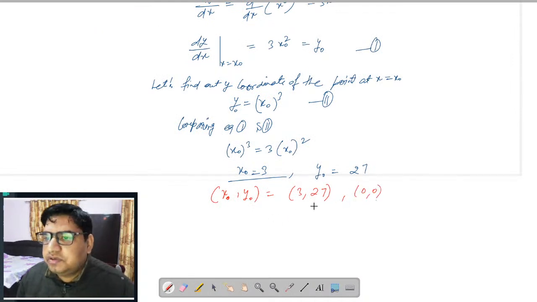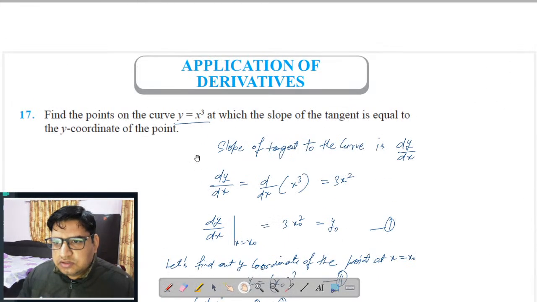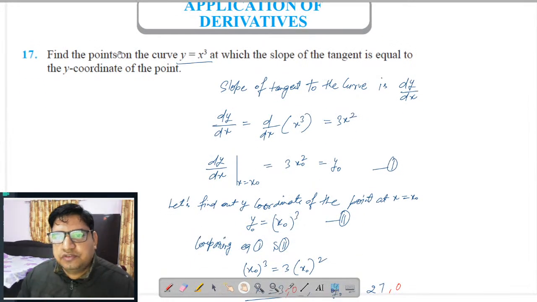At 0, 0 this will be equal as well. So x naught is equal to 3 and x naught is equal to 0 as well here. So when x naught is equal to 0, the y will be 0 only. So these are the 2 points when the slope of the tangent is equal to the y coordinate of the point for the given curve.